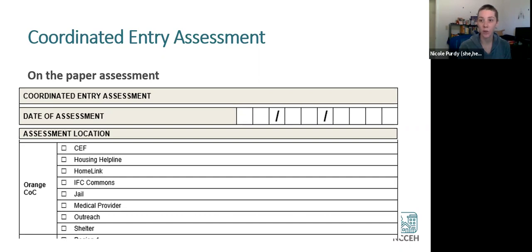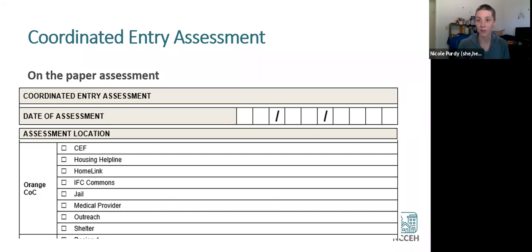So those will also show up at some point. It's just right now Orange and Balance of State are the ones that have made those decisions and have built it out. So be on the lookout for updates to that, and hopefully just choose the one that's appropriate for your COC. If you operate in a different COC, please do not choose Orange or Balance of State, right?